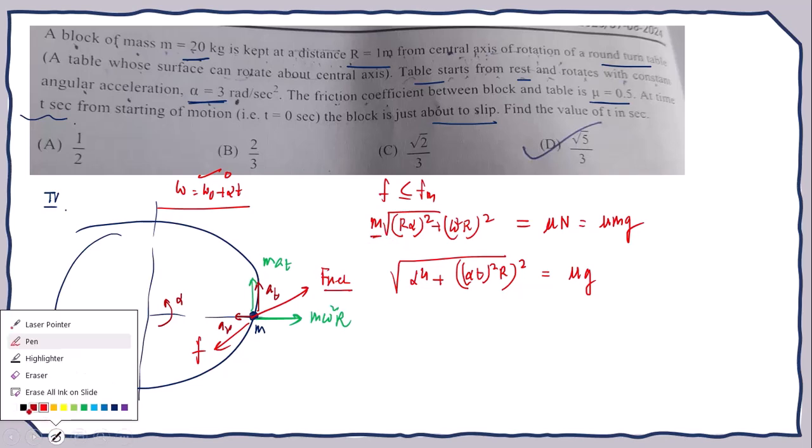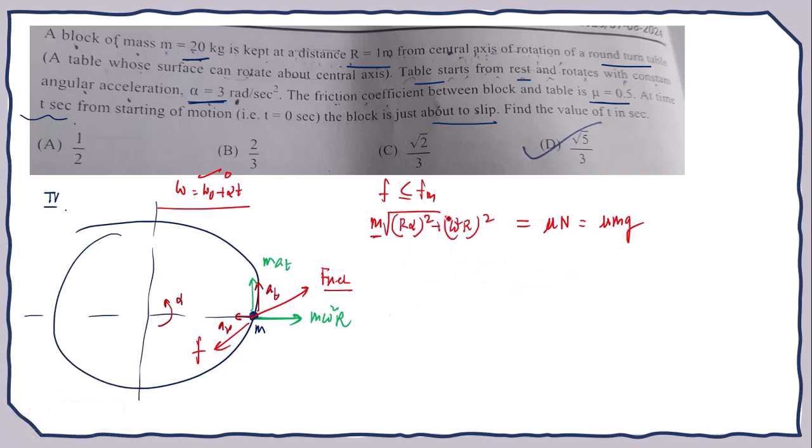So if I square both sides, now this is the net force that is balancing the mu mg. So ultimately m will cancel out, and here I am getting alpha square into r square plus omega to the power 4 into r square.